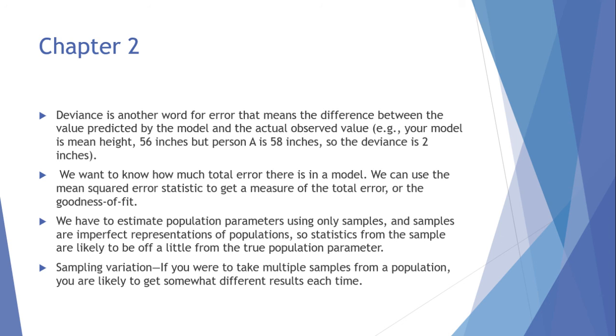Now, sampling variation. If you were to take multiple samples from a population, you're likely to get somewhat different results each time. This only makes sense, since there is a certain element of randomness, of accidental error. Let's go back to that ISU example I used earlier.